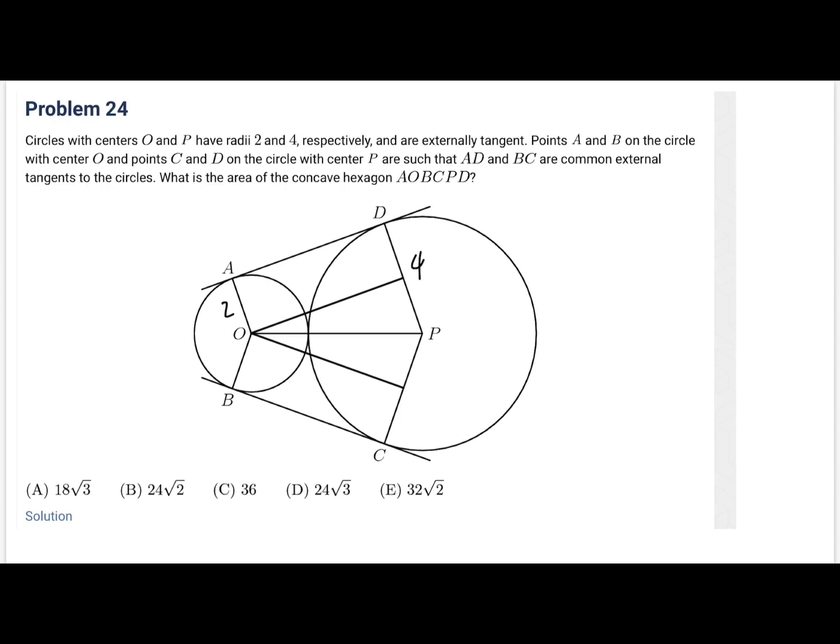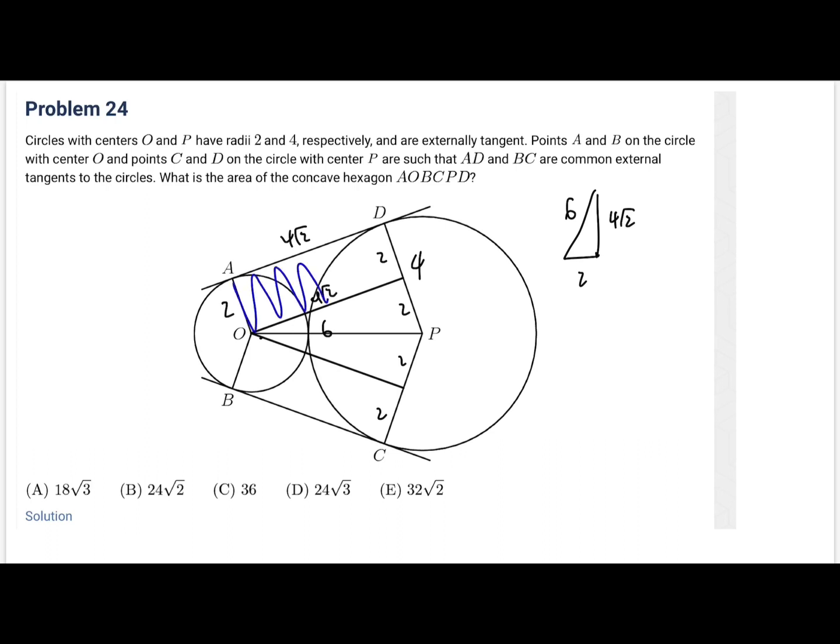That would make this part 2 and this part 2, this part 2, this part 2. And so since the radii are 2 and 4, this length must be 6. So this much is 6. And so this triangle would be 6 and 2, and this would be 4 root 2. And so this is 4 root 2, this is 4 root 2.